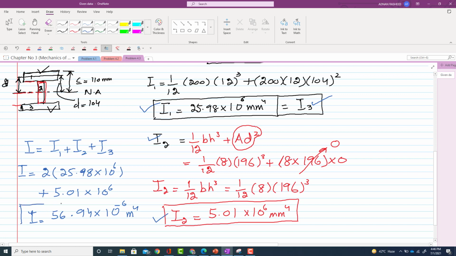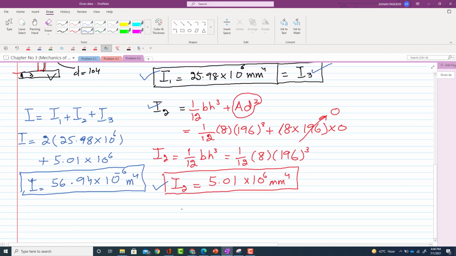Clear? So we have found the I value. Now we will move toward the upper formula, which we wrote, that M will be equal to sigma into I divided by C. Sigma allowable is given, that was 155 into 10 raised to power 6.